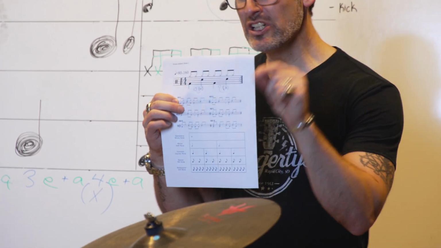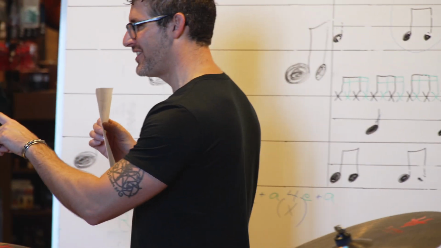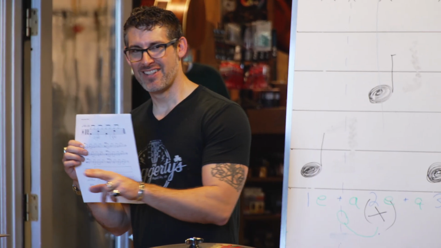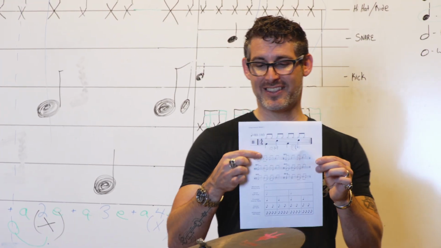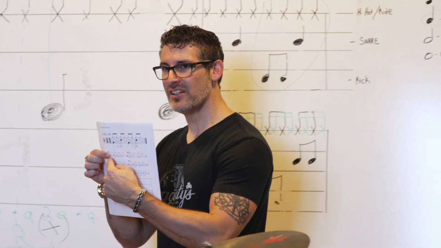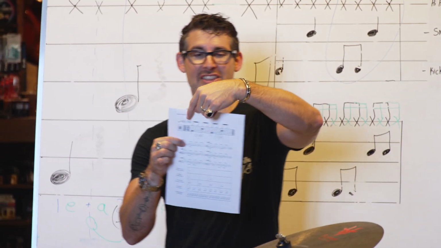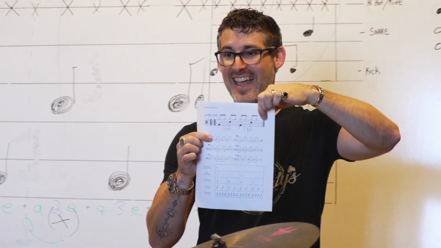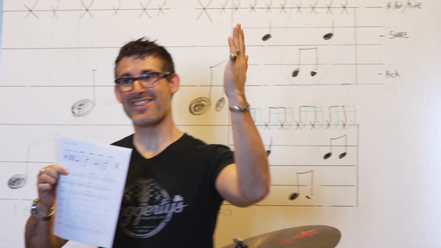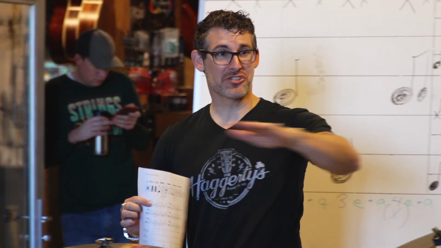When it's really down good, this is important, this is the tricky part. This is how I know I've learned a drum beat. When I get the second one down, I will then play the first one and then try to play the second one without stopping.